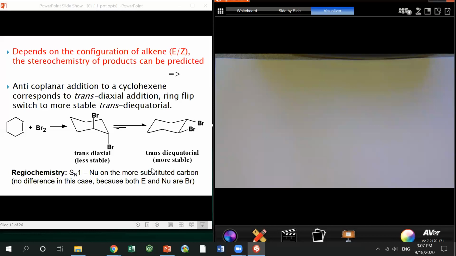But for this reaction, the nucleophile and electrophile are both bromide, so that's hard to distinguish. In this case, there is no regiochemistry for these reactions, but later we will learn another reaction that has regioselectivity.